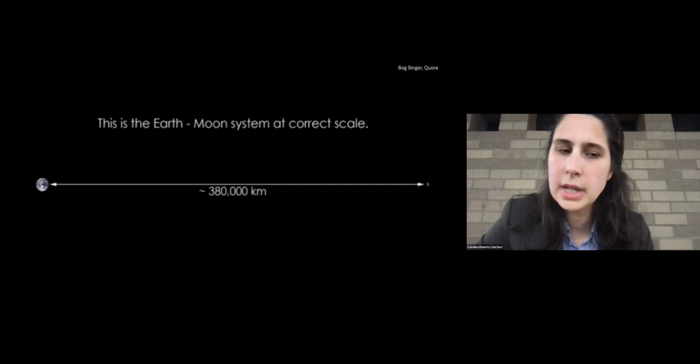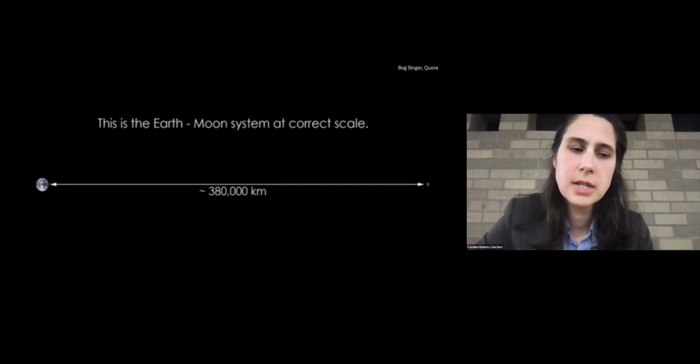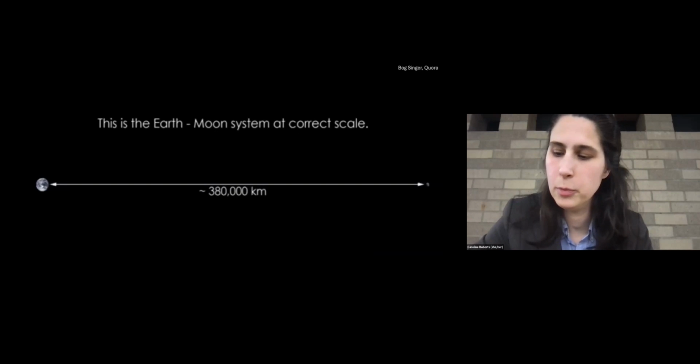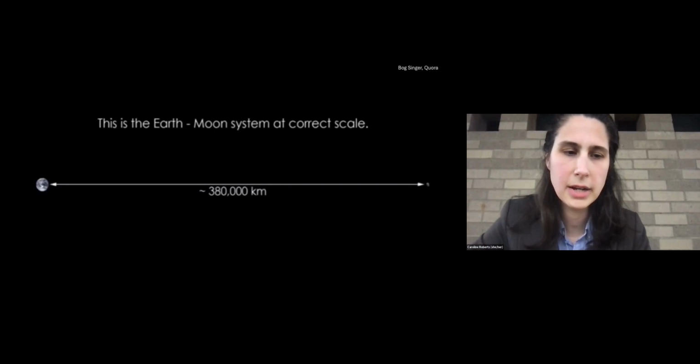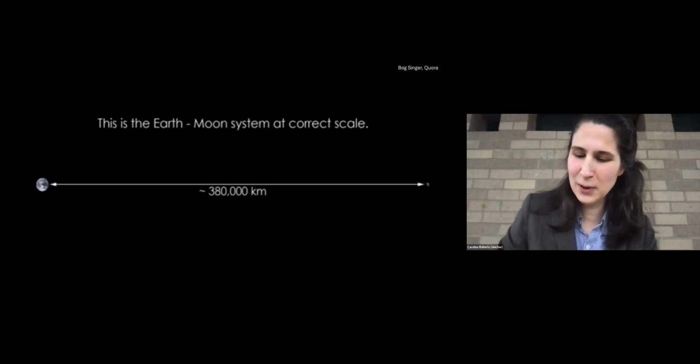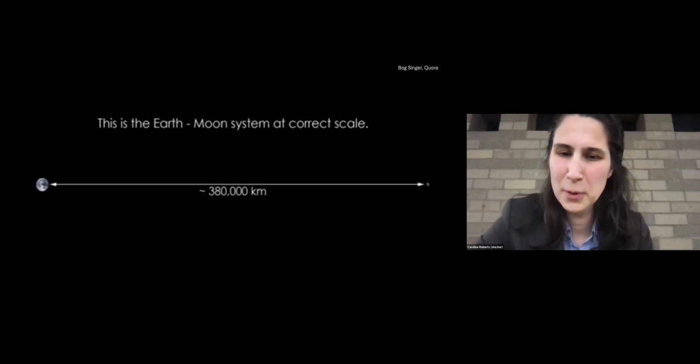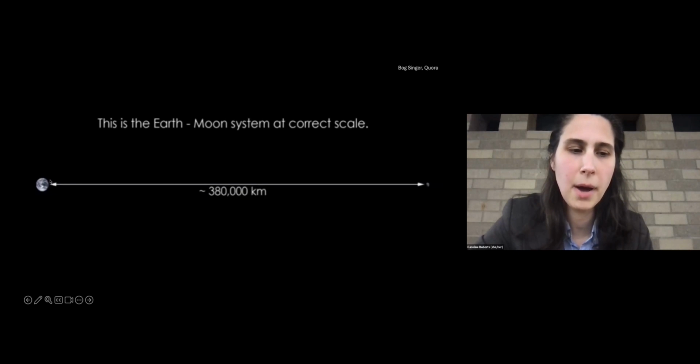And it's also important to keep in mind that the distance between the Earth and the moon is tremendous. A lot of the models, pictures that we'll look at tonight don't really capture this correctly, but the Earth is very separated from the moon. This is to scale. And so perhaps we could imagine that the sun is way over far on the right here. And so the moon is casting a shadow back behind it.